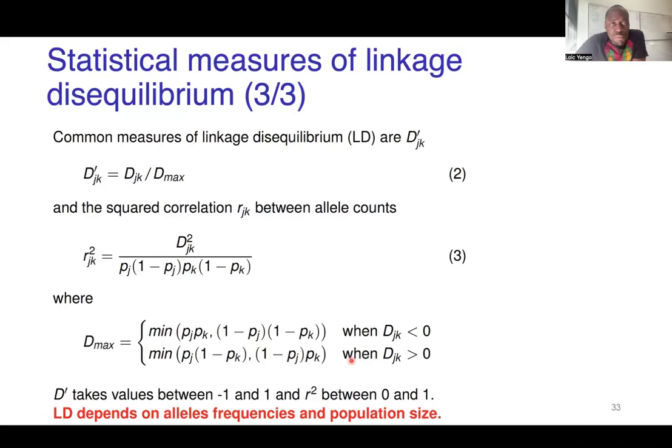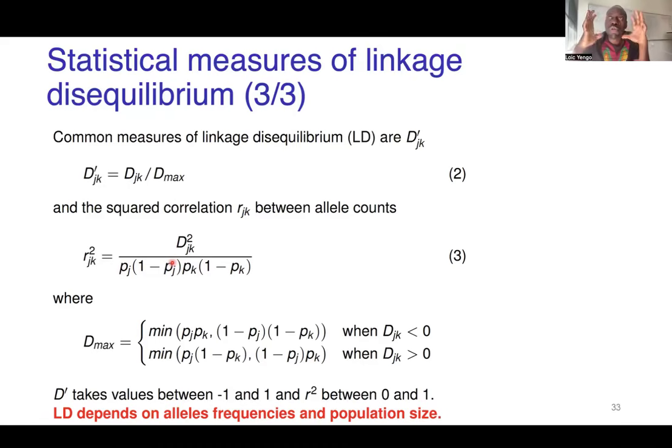The other way to normalize this is to normalize relative to the allele frequencies, and that's typically referred to as the R square, which again is our D statistic squared, but normalized by the product of allele frequencies. And that normalization achieves two things. First, we're losing the sign. So now that statistic doesn't know necessarily if we have positive or negative linkage disequilibrium, at least between those two alleles.